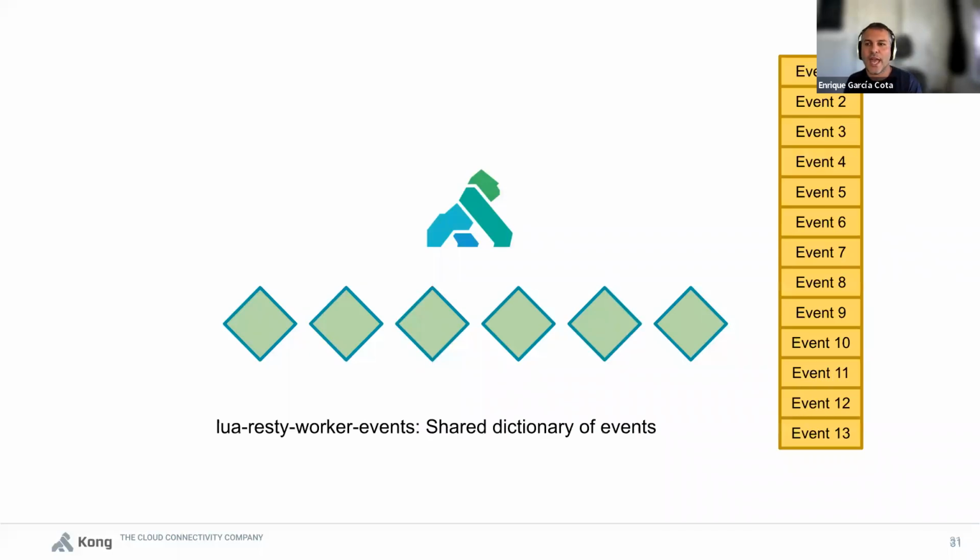So in the past, we had this shared dictionary, which is the way that OpenResty has to share memory between workers, and we would fill it up with events. This has some problems. First one is that the size of the shared dictionaries needs to be known in advance at boot time, so you cannot grow it dynamically.